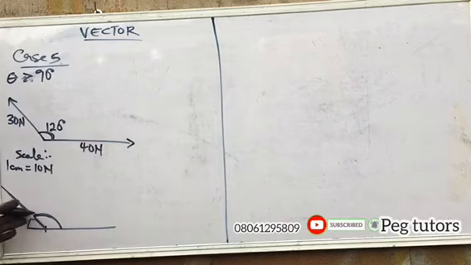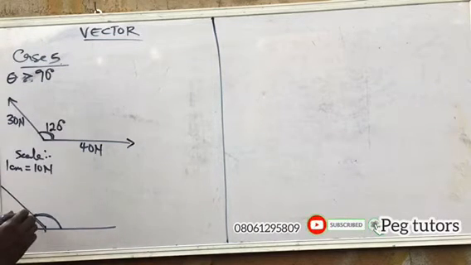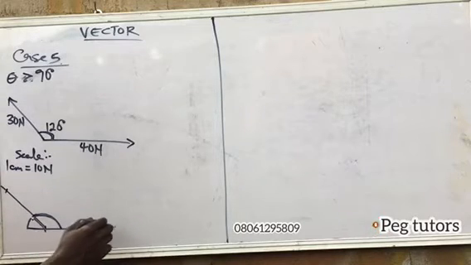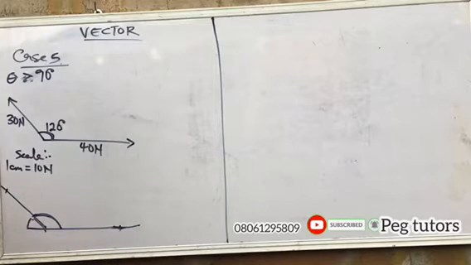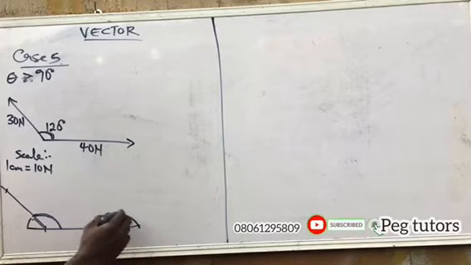After drawing that, you can now mark out your 3 cm from here, then come here and mark out your 4 centimeters on this line as well. At the point where you mark out your 4 centimeters, put your protractor there again.